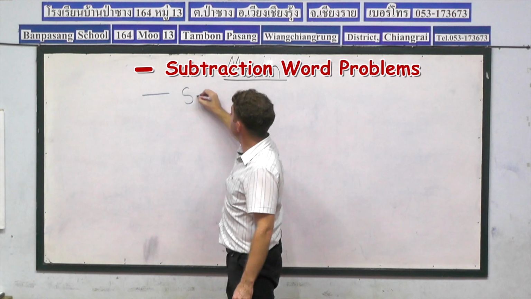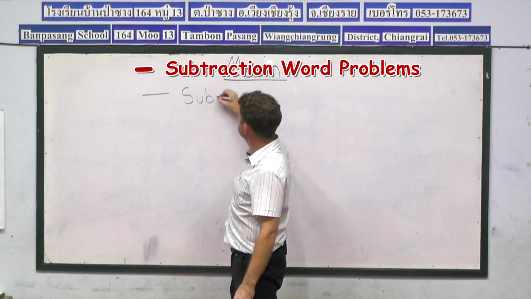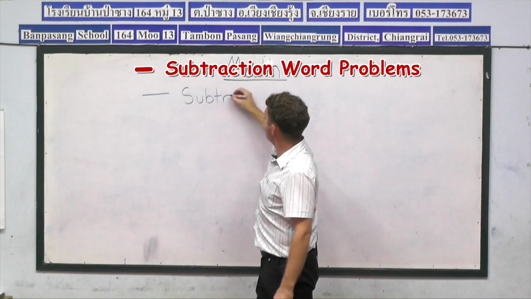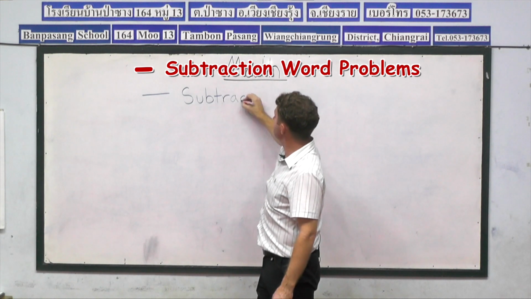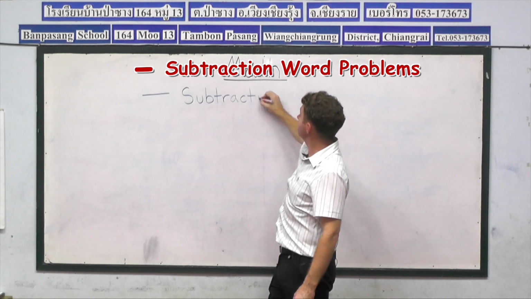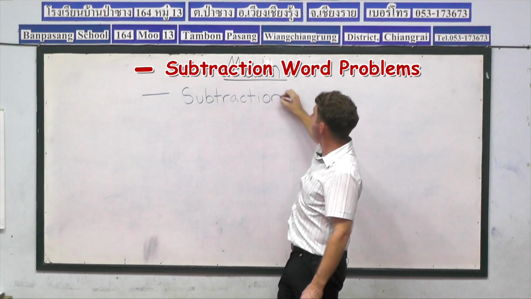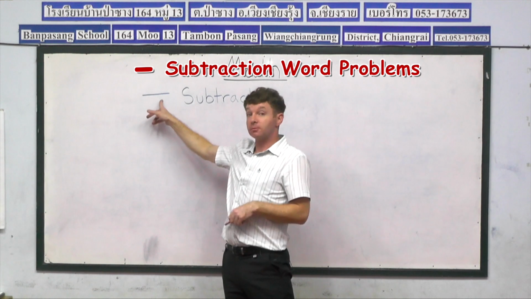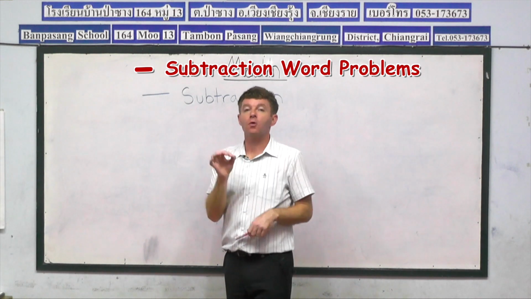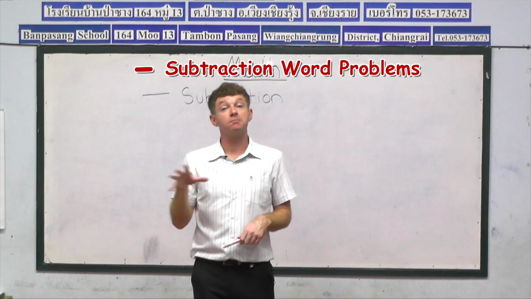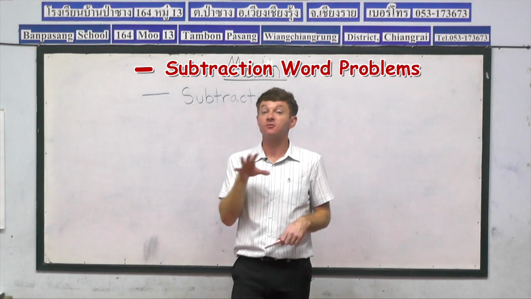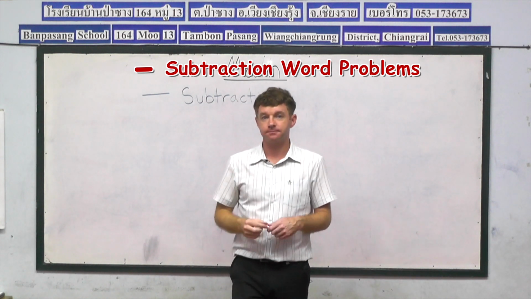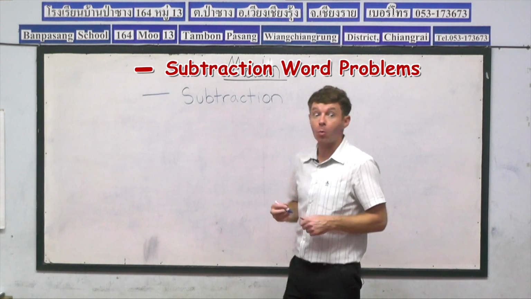S-U-B-T-R-A-C-T-I-O-N, subtraction. This is the subtraction symbol. You might also hear it referred to as minus. Minus and subtraction is the same thing. But how do we spell word problems, guys?